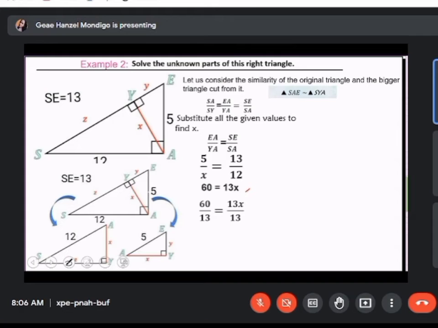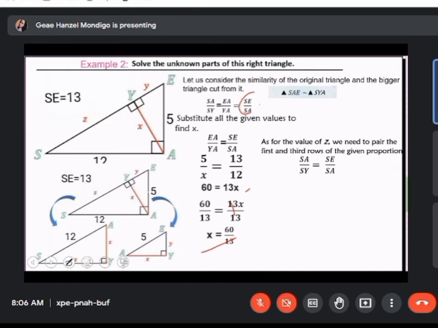Then we have to cancel this one. Then we have 60 over 13. So here we have now found the value of our x. The next step, since we have now the value of our x, we're going to find the value of our z. So in here, we have to use a different ratio, the third ratio and the first ratio.